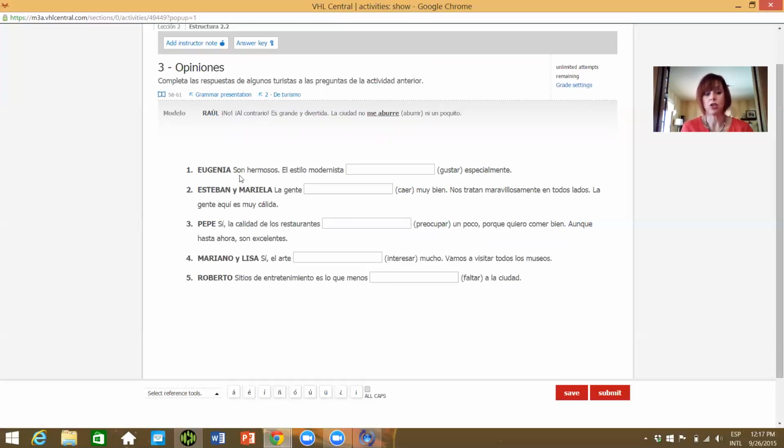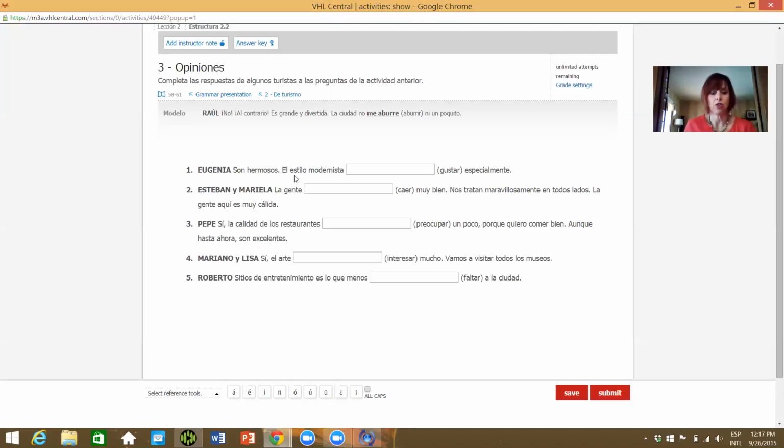So Eugenia said, son hermosas, el estilo modernista, blank especialmente, okay? Don't get confused with this because it starts off with el estilo modernista. She's talking about liking. So what is pleasing to her? The modernist style. So this style is pleasing.